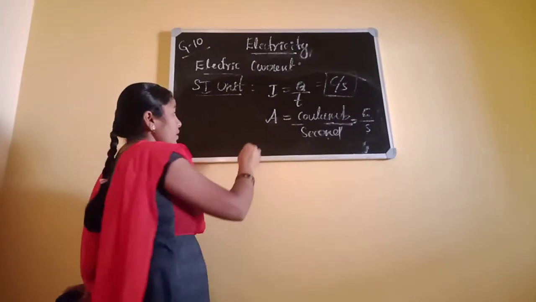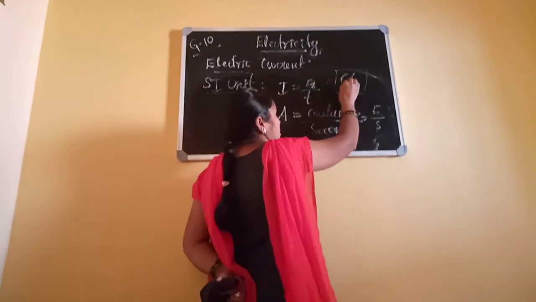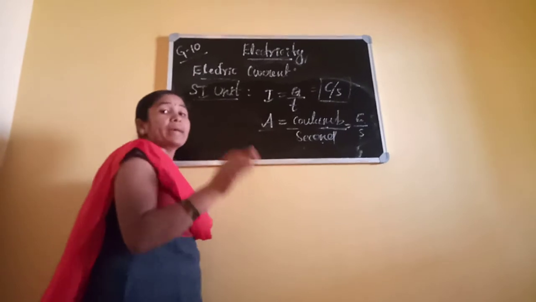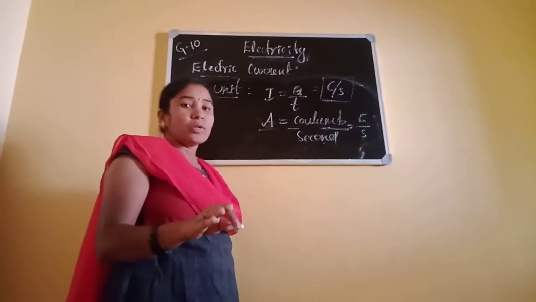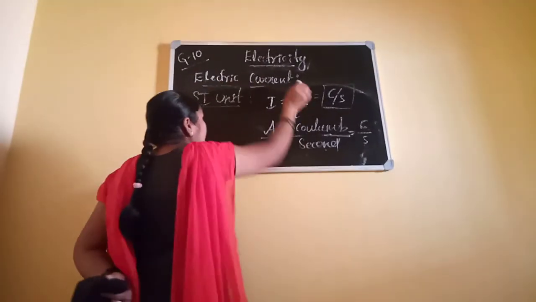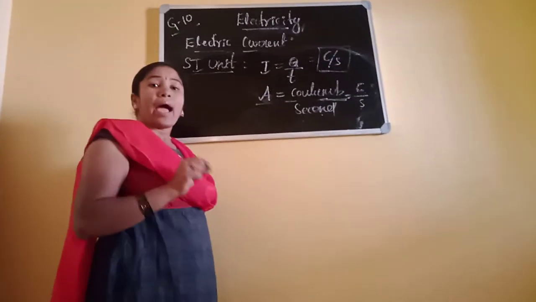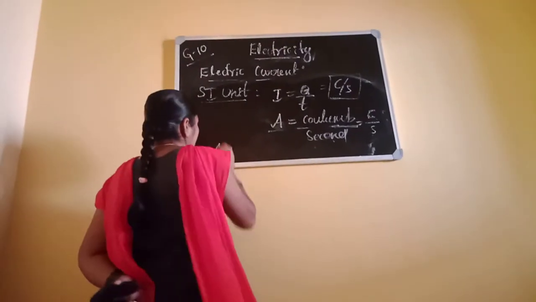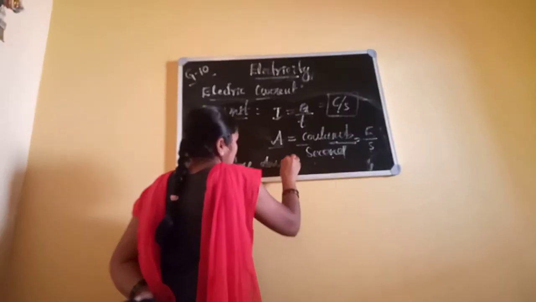Understand? Why do we call it ampere? The SI unit of electric current is coulomb per second, not ampere. If you write ampere also, you will get half a mark. Why? Electric current was studied by the scientist Andre Ampere.